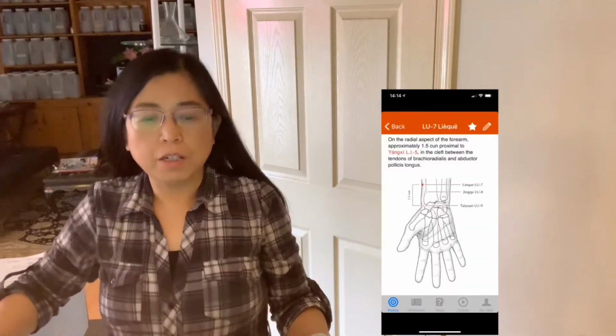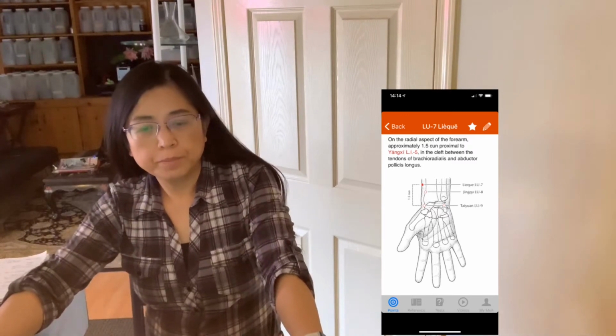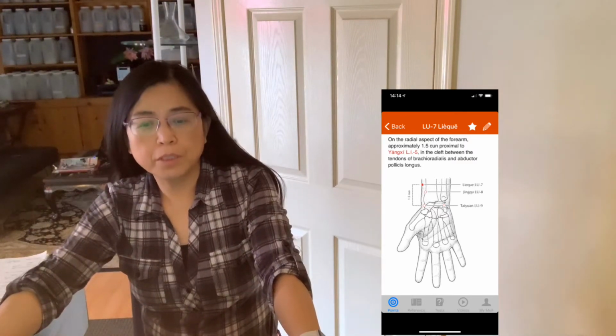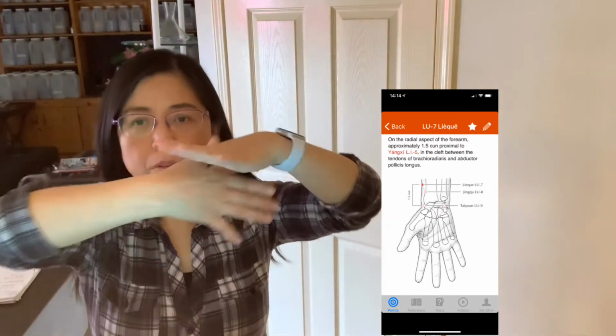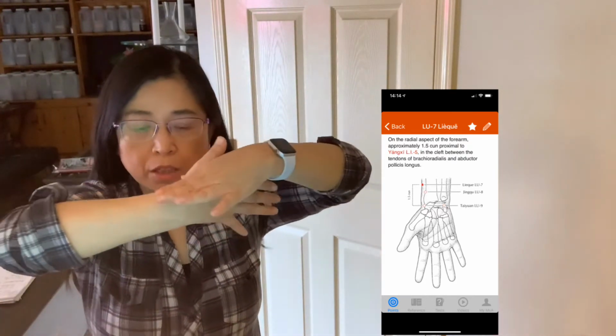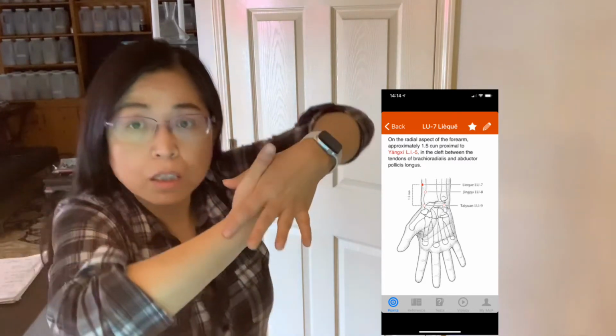Okay. The fourth one is lung 7. The point is right beneath the tip of the forefinger when you cross your hands like this.